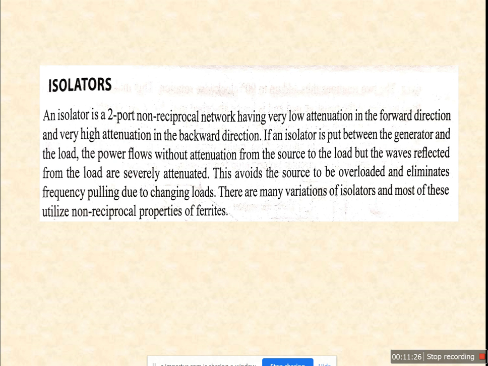If power flows from the klystron generator to the output side and reflections come back from the output side to the input side, if they are not attenuated properly they may damage the power supply. So it provides a safety link. In a broad sense you can write the difference between isolator and circulator like this.